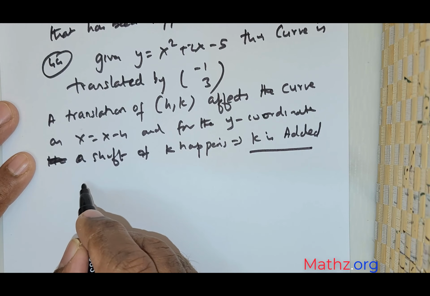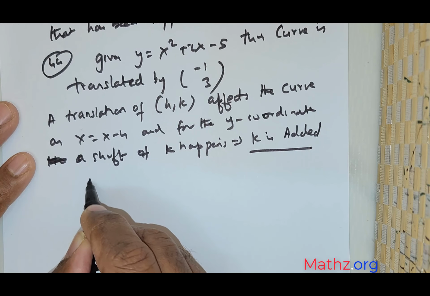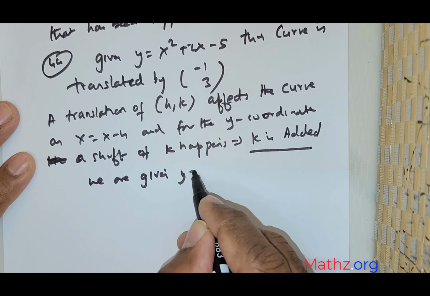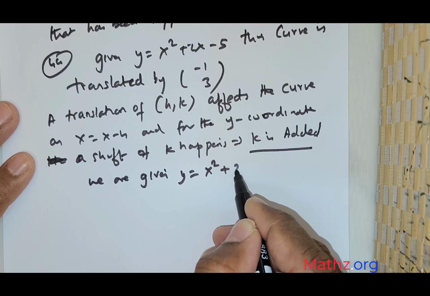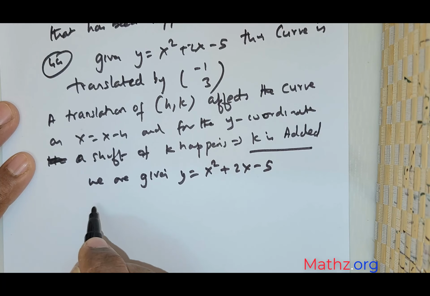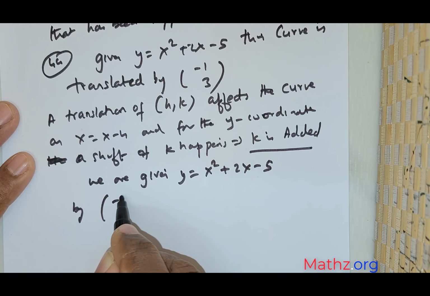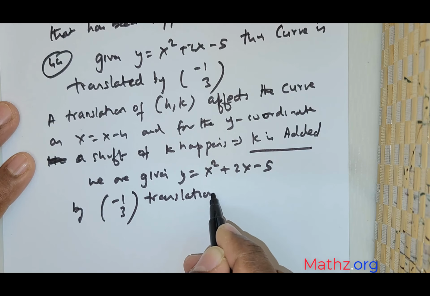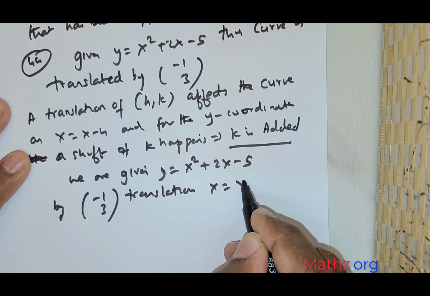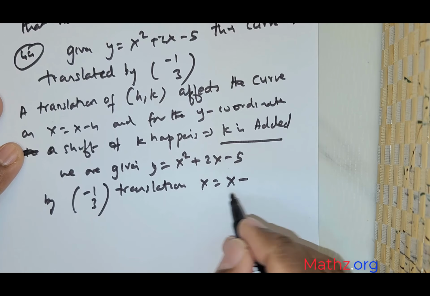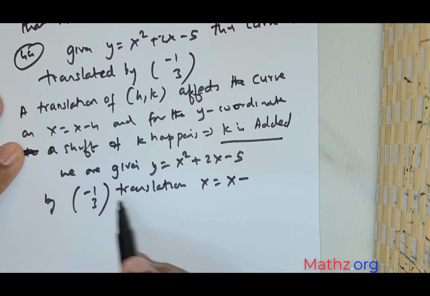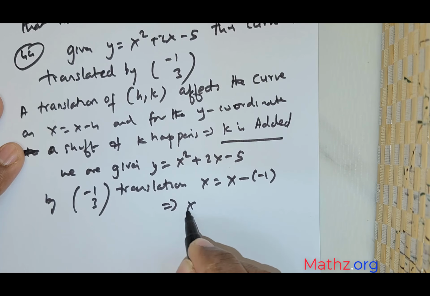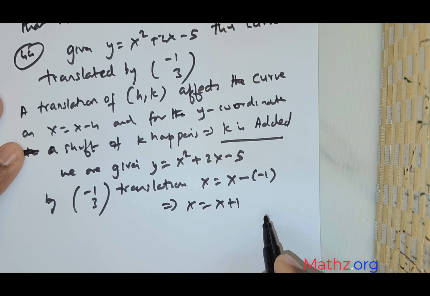So we start off with y = x squared + 2x - 5. By (-1, 3) translation, what happens? x becomes x minus h. That's -1 there, so x becomes x + 1.